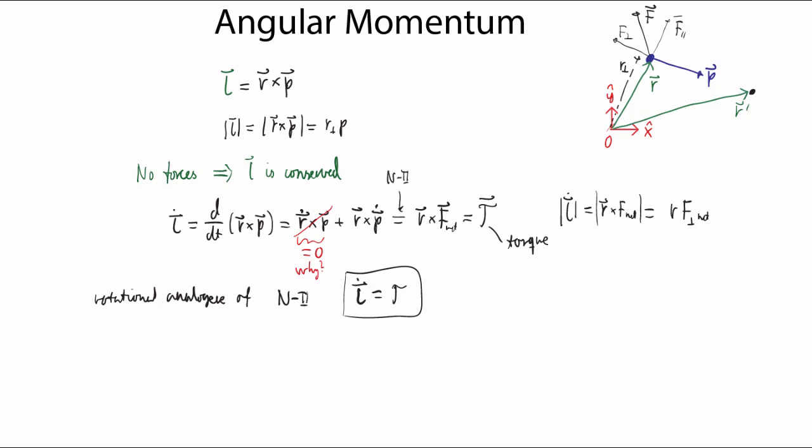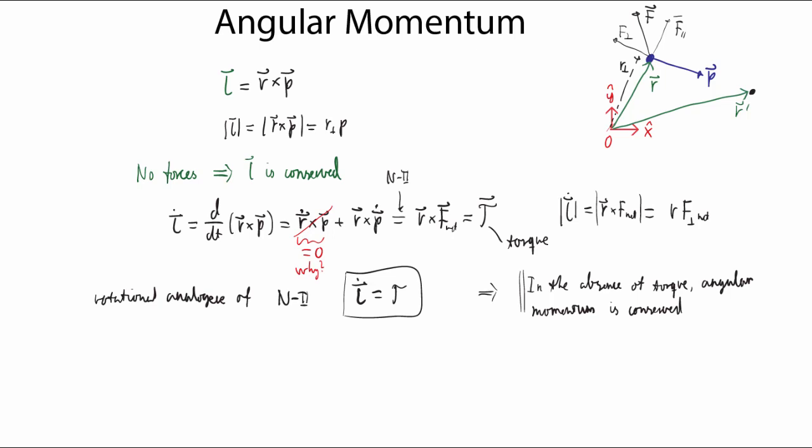So we have a conservation law for angular momentum. If there's no torque acting on a particle, its angular momentum is conserved.